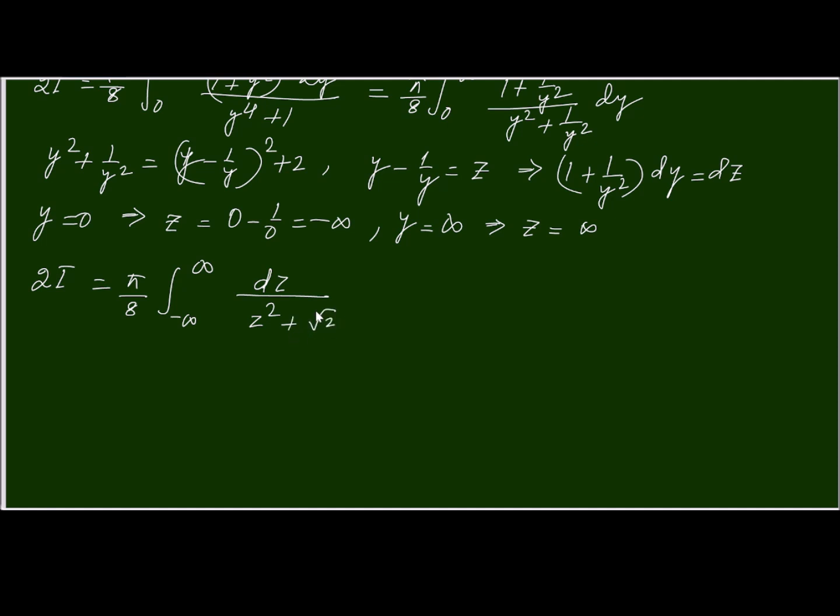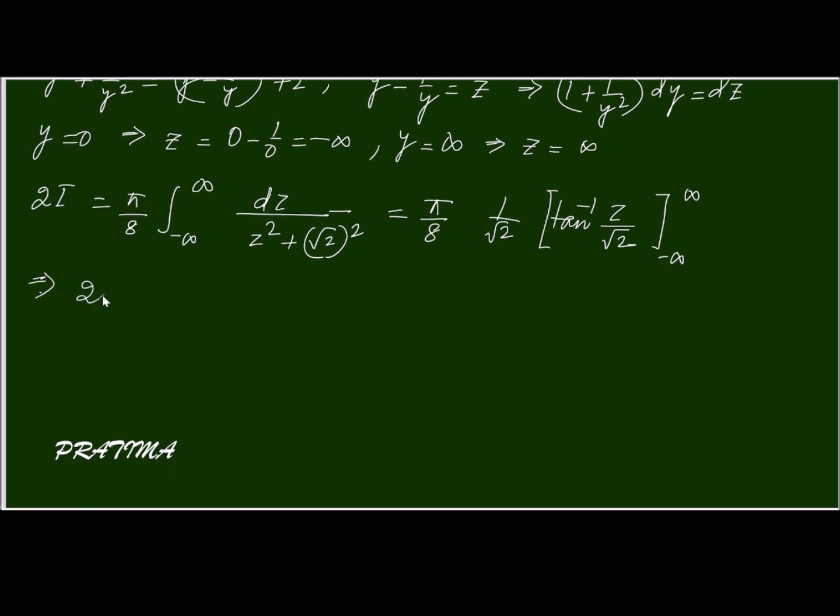Plus 2 means root 2 whole square. So we can put the formula for the integral. This will be 1 by a, 1 by root 2 tan inverse z over root 2, from negative infinity to positive infinity.